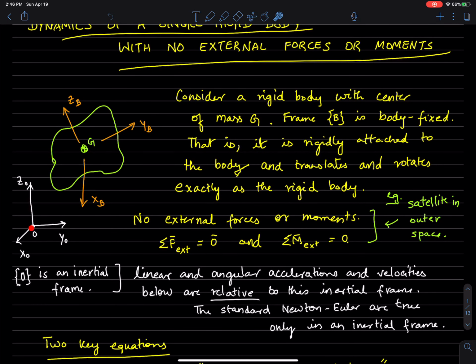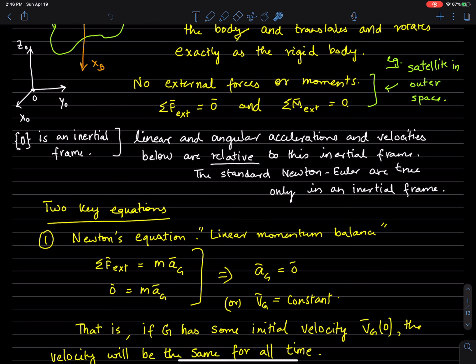We are imagining that 0 is some inertial frame and B is a body fixed frame, in other words, a frame that rotates rigidly with the rigid body. And if we do need to use an origin, then the origin of B is at G, but that may not be necessary.